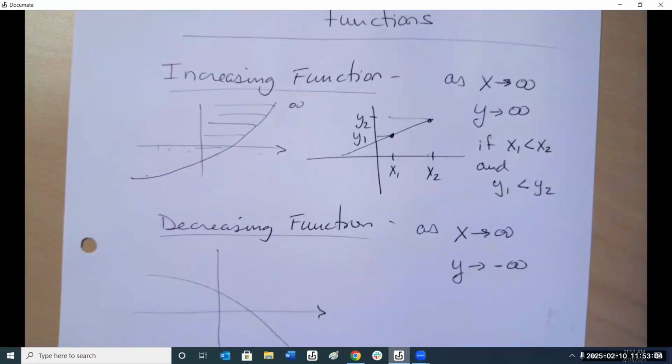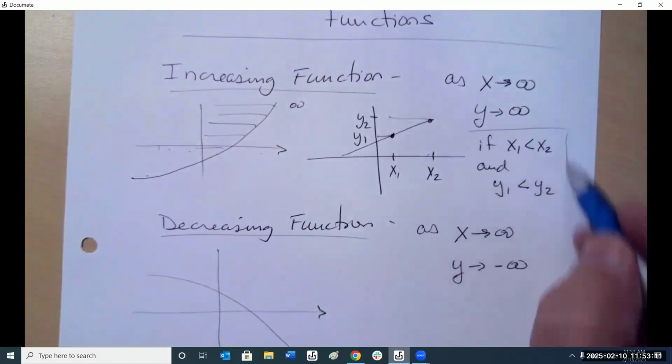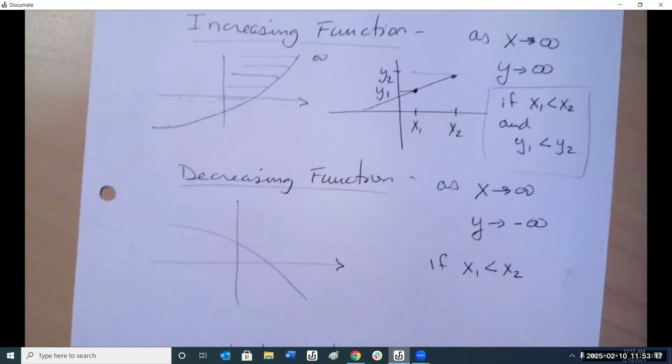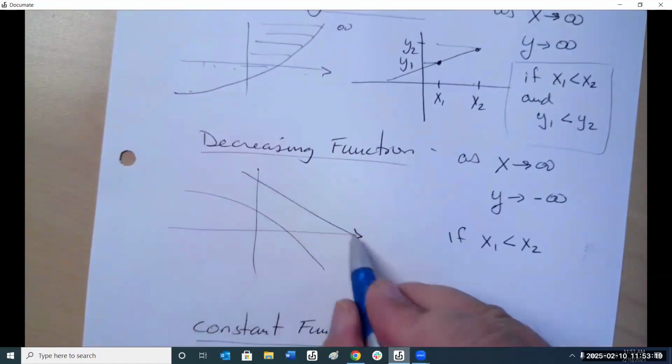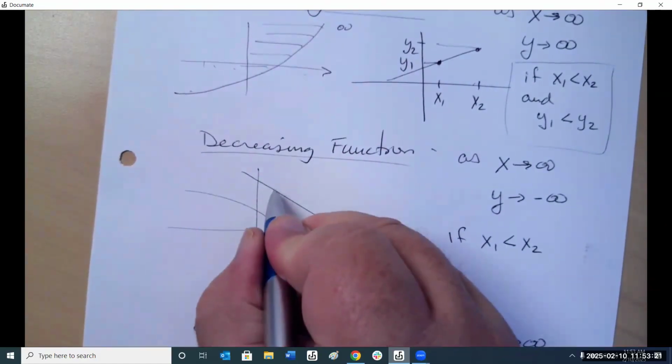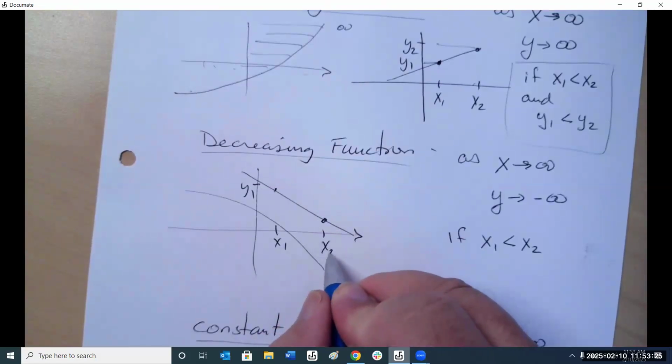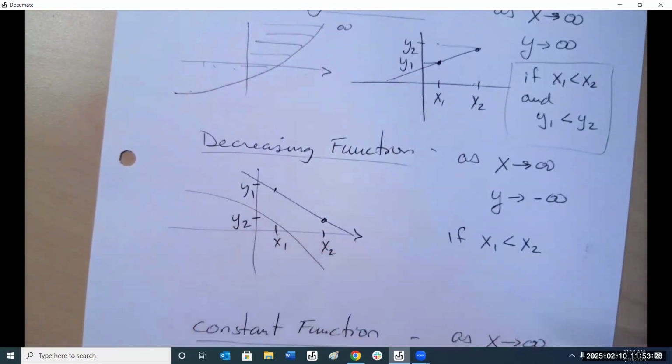Because we have to be able to look at smaller subsections of graphs. How would we say decreasing? If x1 is less than x2, here's x1, here's y1, here's x2, and here's y2.